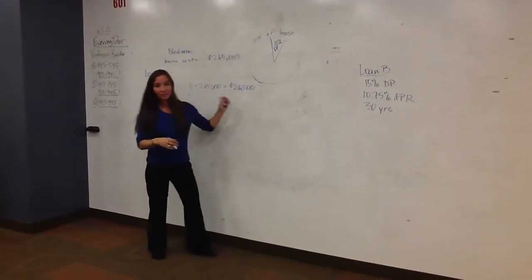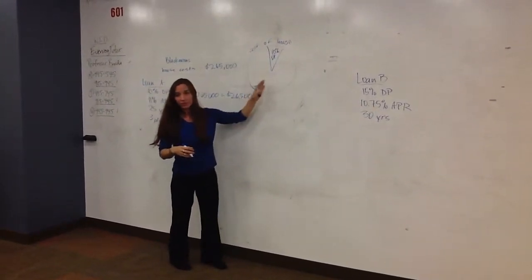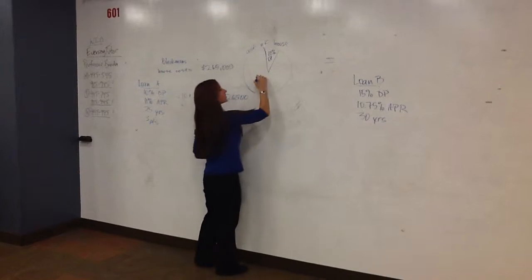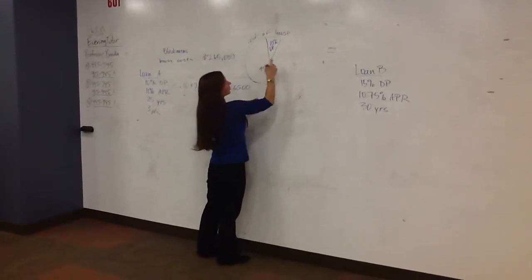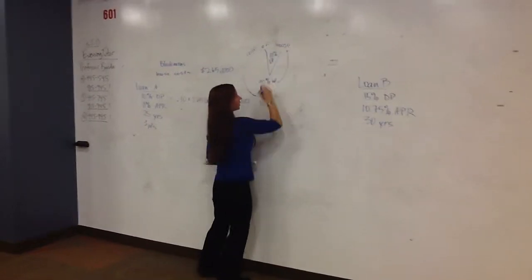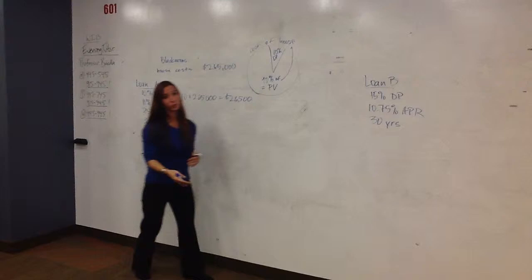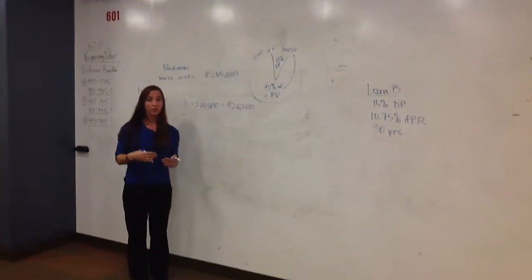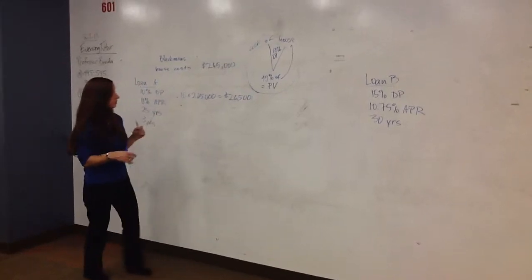So if I take a 10% slice of the pie out, how much pie is left? 90%, or 90% of the cost of the house, yes. That is the PV, the amount of the loan, the amount of the mortgage, the amount you have to borrow from the bank, or that the Blackmans will have to borrow from the bank when they obtain this loan.